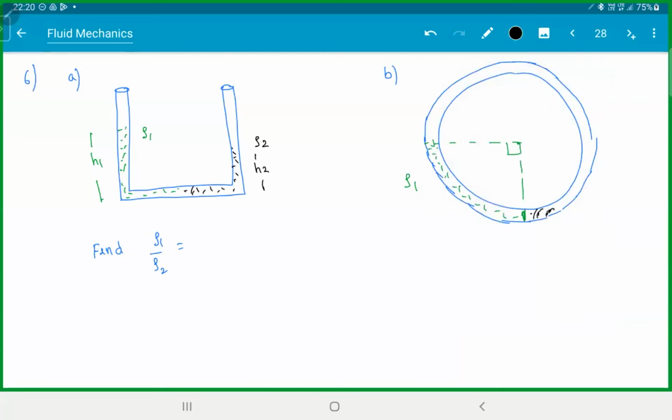On the other side, we have this black liquid here. This is theta. This is ρ2. Find ρ1 by ρ2. Get these two. Get this one, everyone. Easy one.